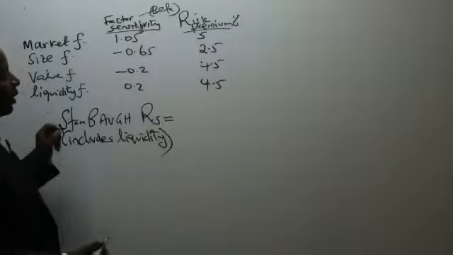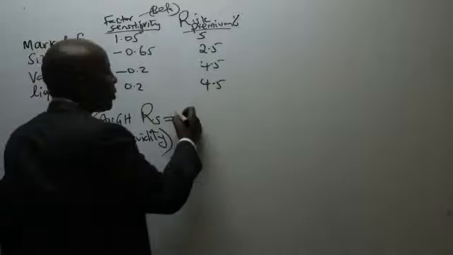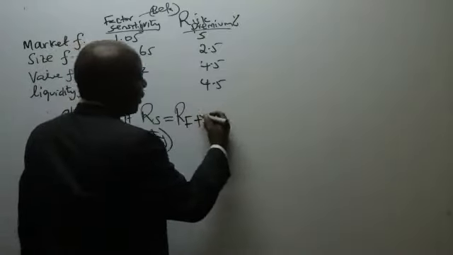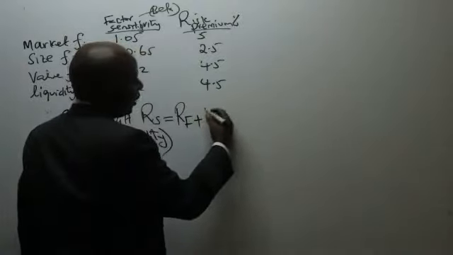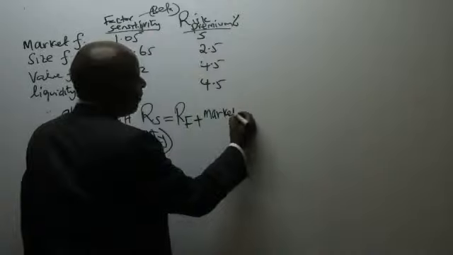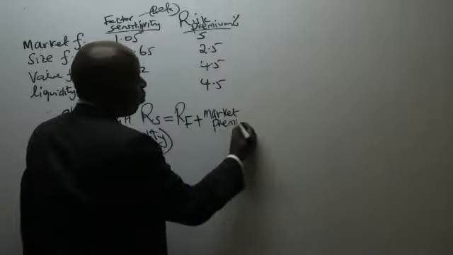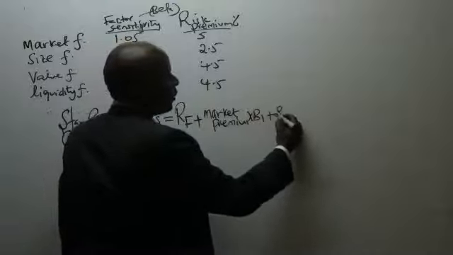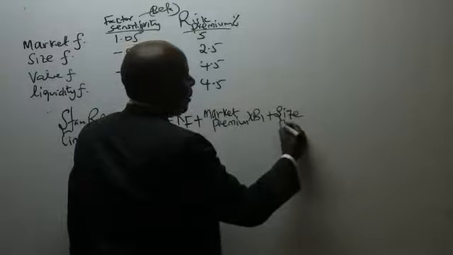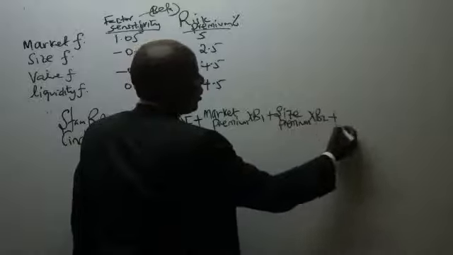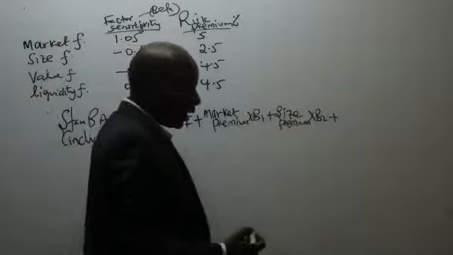So remember, we have to begin with our normal: risk-free plus the market premium times beta 1, plus the size premium times beta 2. We have number 3, the value premium.